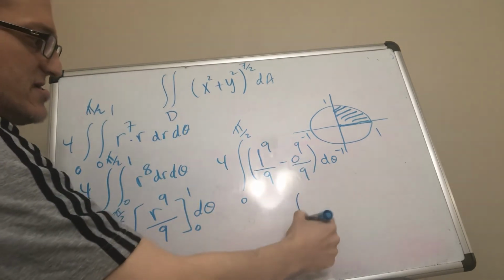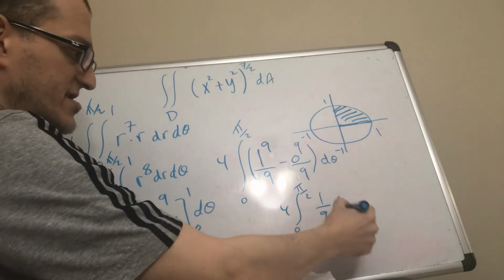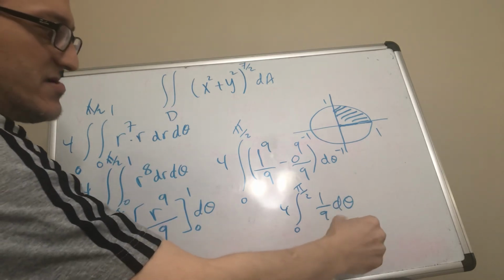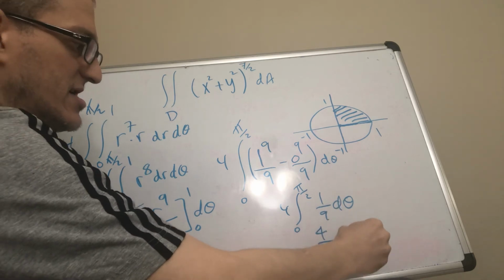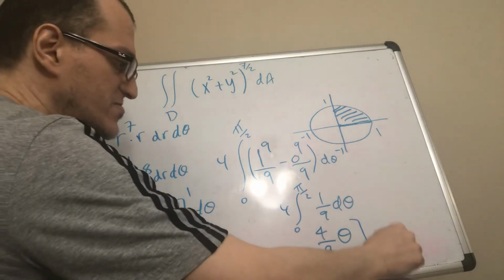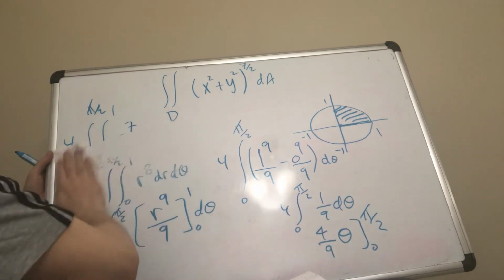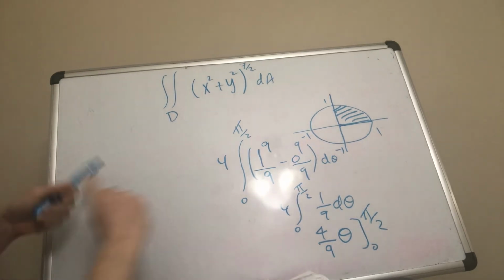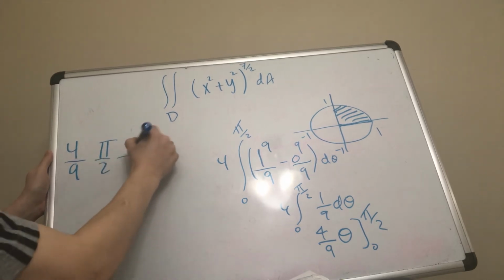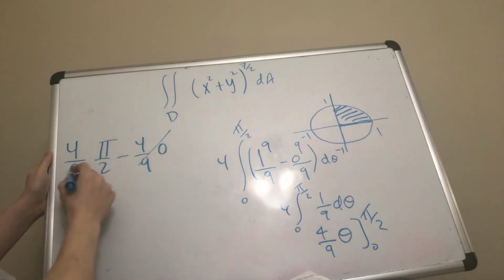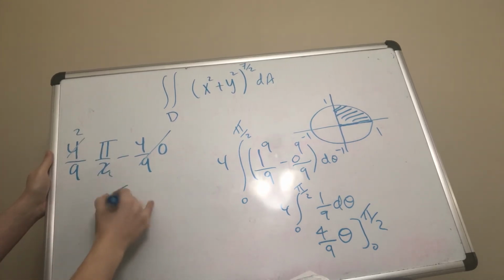So this is basically integrating 1 over 9 d theta. And the integral of this would be 1 over 9 and a 4, so 4 over 9 theta, from 0 to pi over 2. Plug in pi over 2, minus plug in 0, so that becomes 2 pi over 9.